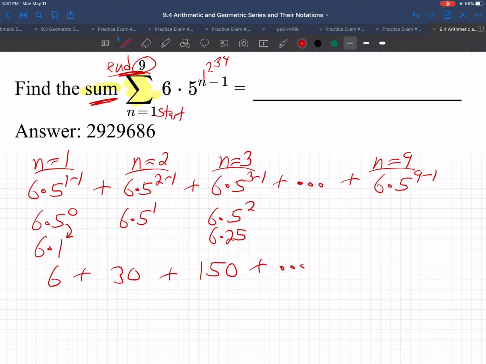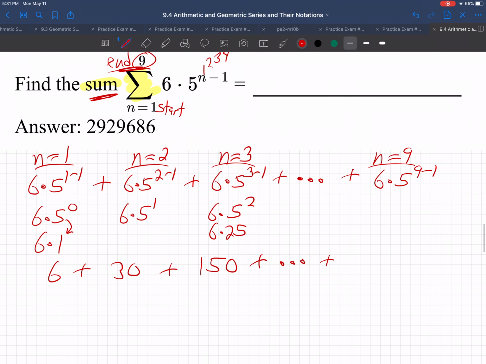Plus, dot, dot, dot, now what's the last one? What's 6 times 5 to the 8th? That's a big number, definitely in my calculator for that. I'm getting 5 to the 8th is 390,625 times 6 is 2,343,750.